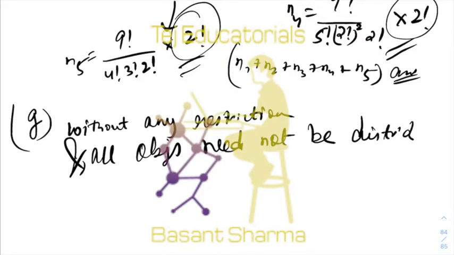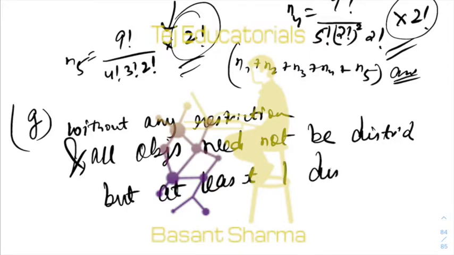But at least one object must be distributed. That is, there exists at least one person who receives some object.